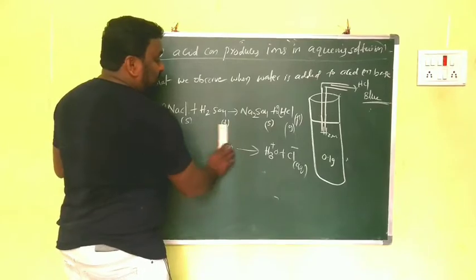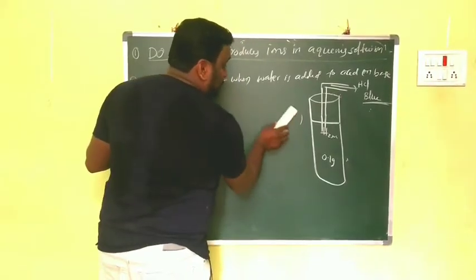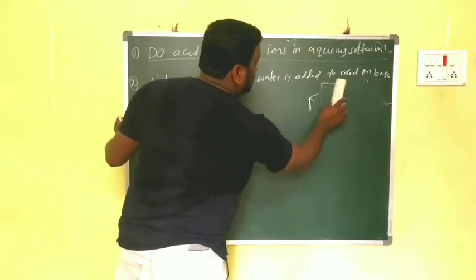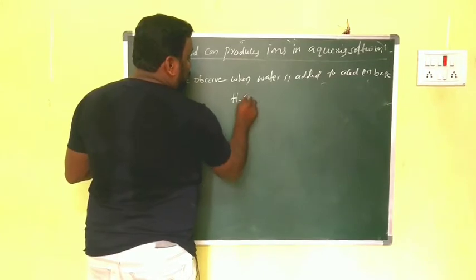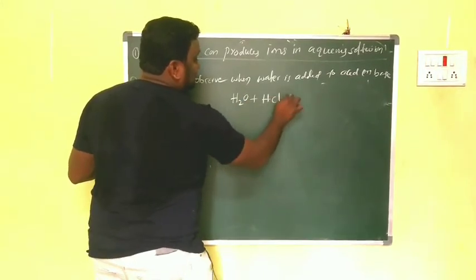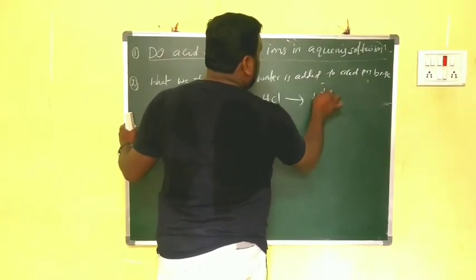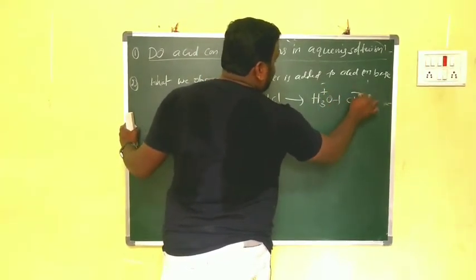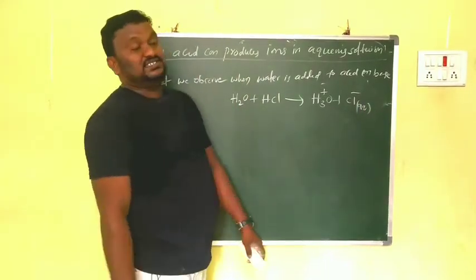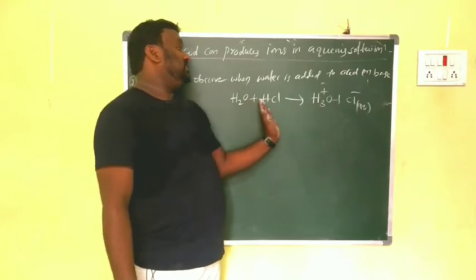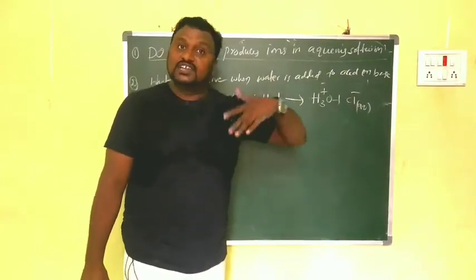If we do the same thing, H2O plus HCl gives rise to H3O+ and Cl-. It is the reaction between water and acid. That means when we combine these two, we get hydronium and chloride.